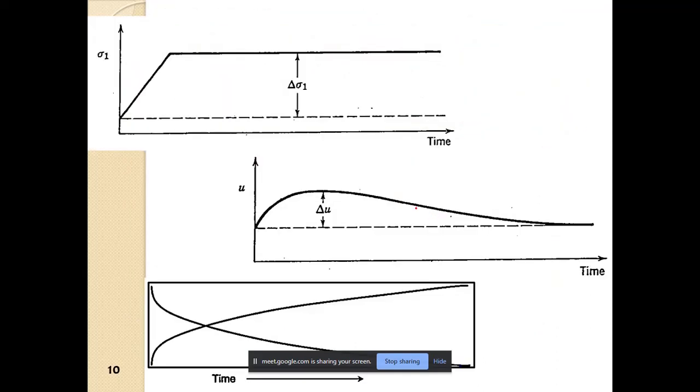Now, we see that at time suppose t equal to 0, we suddenly loaded the soil, so we increase the load up to delta sigma 1 suppose, and that load is now remaining on top of the soil. As soon as it was loaded, there was a rise in the pore water pressure. So this is the hydrostatic pore water pressure.